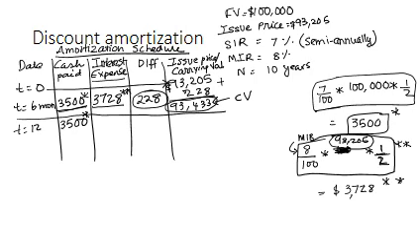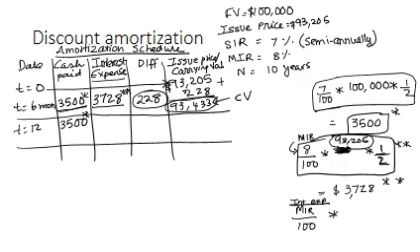So in the next row, we will compute the interest expense based on market interest rate 8% times the new carrying value, 93,433 as shown here, times half, because the interest is paid semi-annually, and this amounts to 3,737.